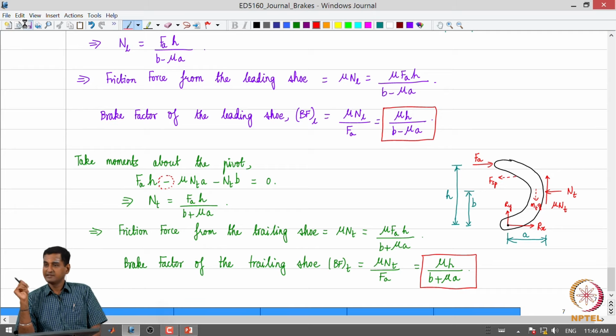Now we can compare, for the same values of A, B, H, mu.